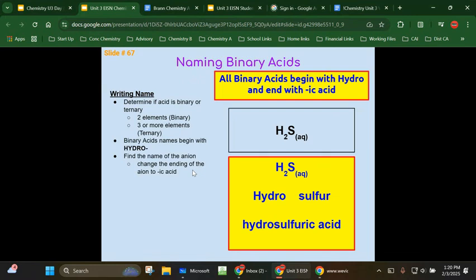Now, there are 3 others on the back that cannot be made into acids. Take a guess at which 3 they are. Let's see how good your deductive reasoning is here, ladies and gentlemen. Good. That's 1. 2 more.